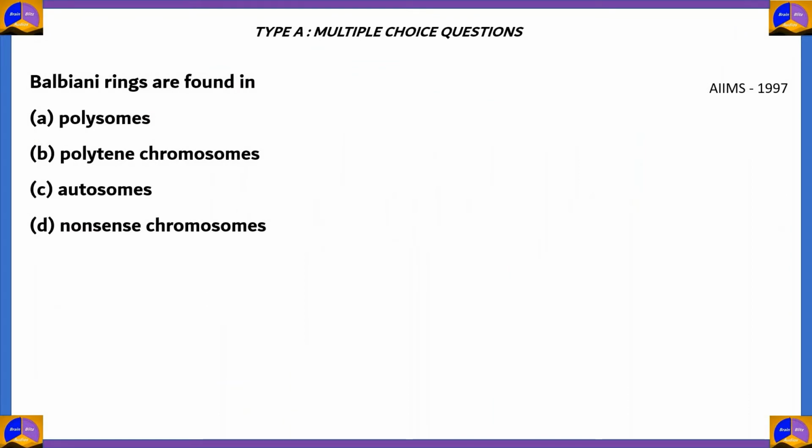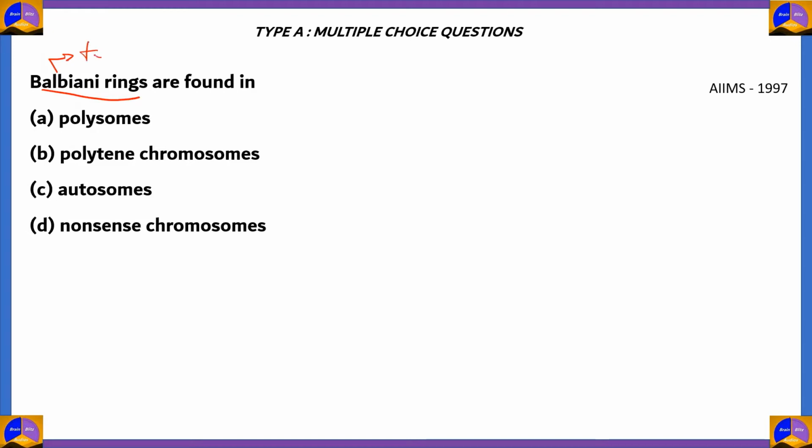Next question. Balbiani rings are found in: A, polysomes, B, polytene chromosomes, C, autosomes, D, nonsense chromosomes. So what are Balbiani rings?